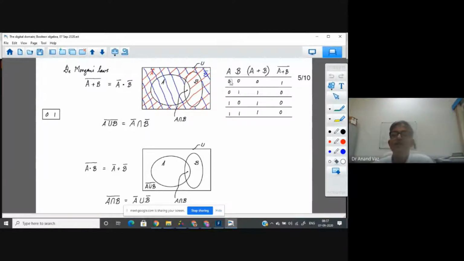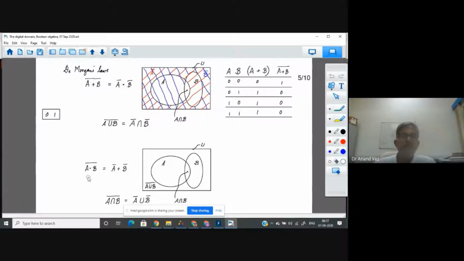If A and B are inputs, they can take these possible values, and A or B will be the output, and if you take the complement of that, you get this. You are to verify whether the left hand side is equal to the right hand side, and that we will do in our next slide.